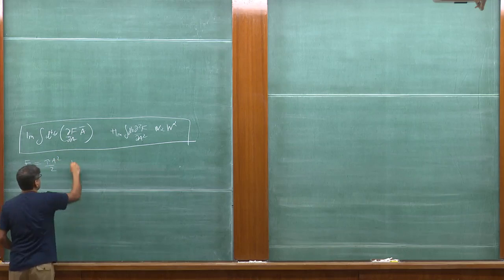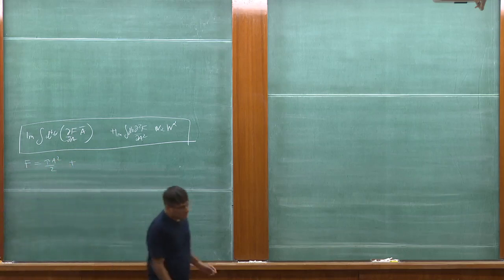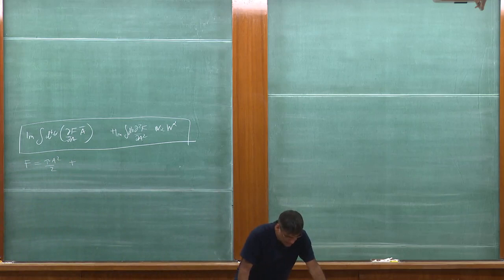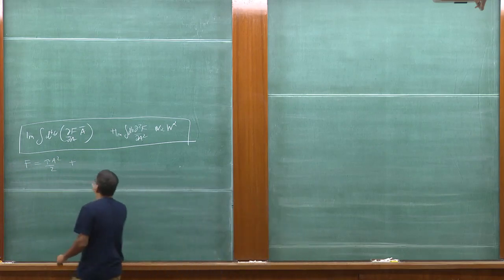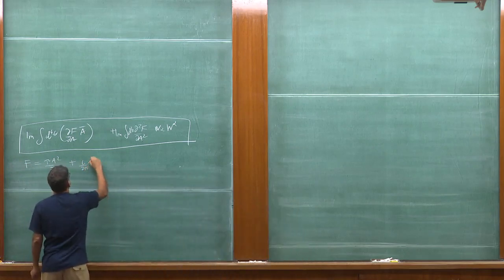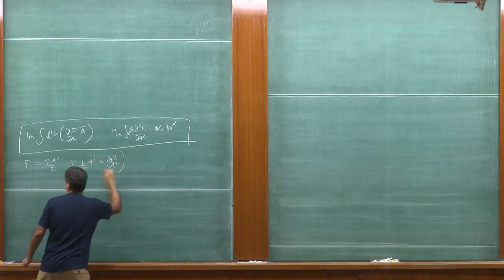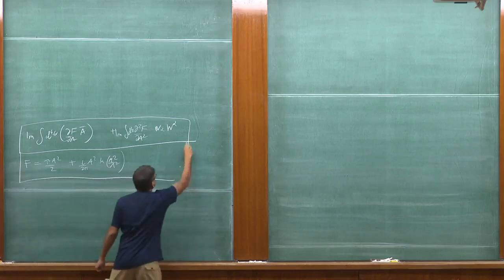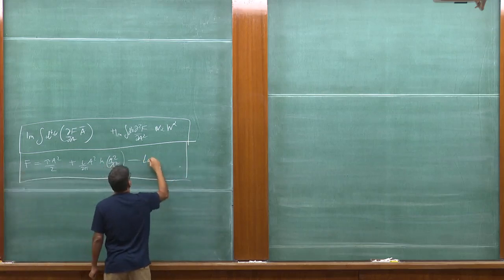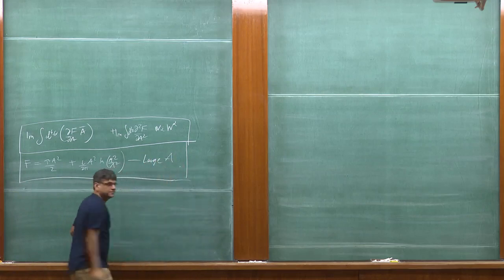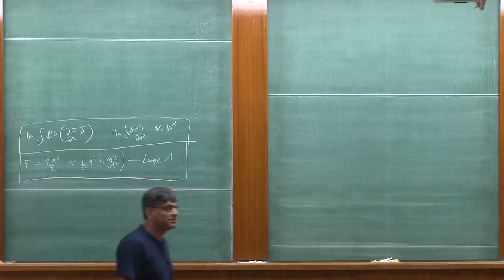This was classical plus the one loop part, which was i by 2 pi A squared log A squared by Lambda squared. Okay, this we know by, if you like, explicit computation, or from consideration of the anomaly of the U(1)_R symmetry. Right? You remember this.